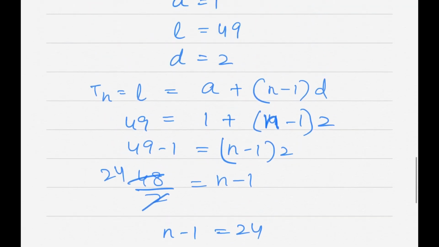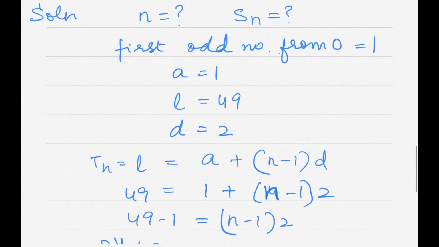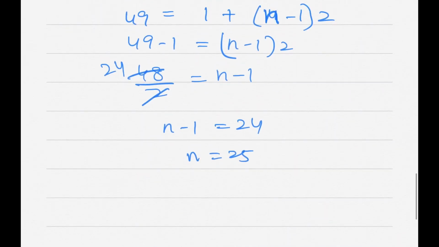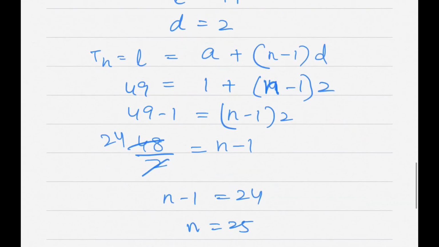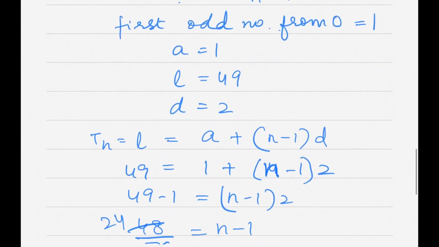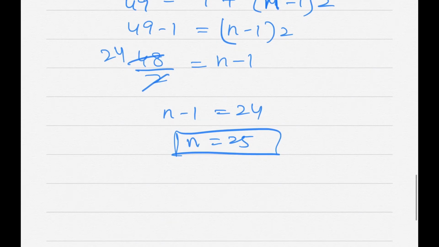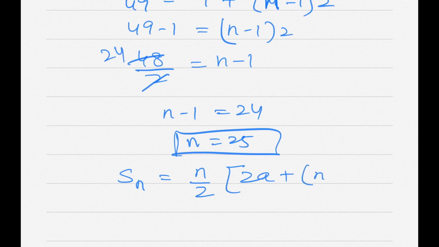So I got my n as 25. Now I have to find the sum of n terms. I have found n, so this is my one answer. Then I have to find Sn basically, right? So the sum of n terms is equal to n by 2 into 2a plus n minus 1 into d.